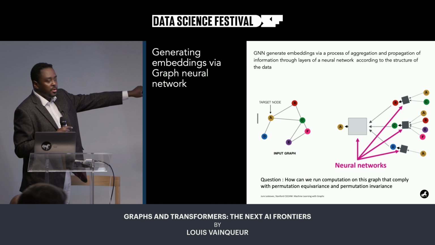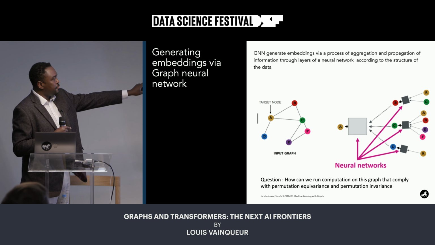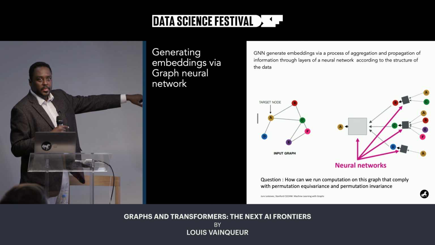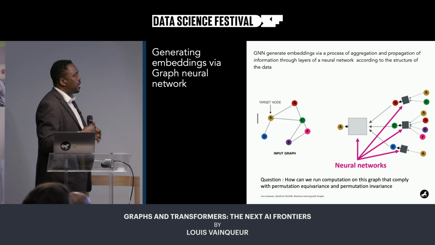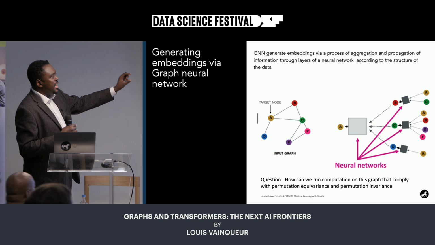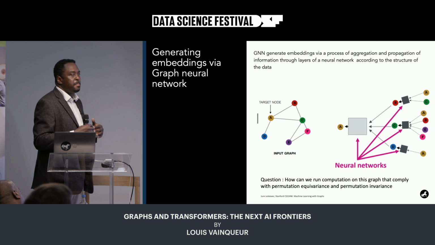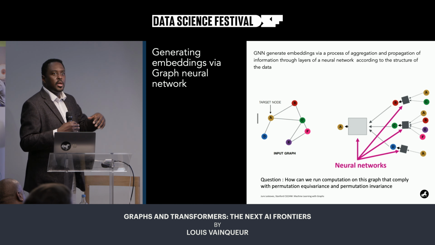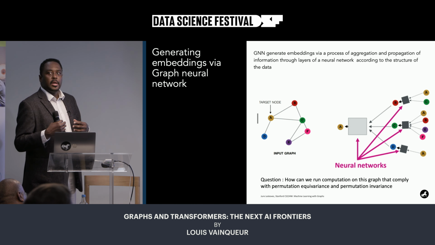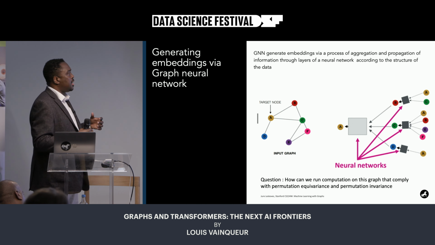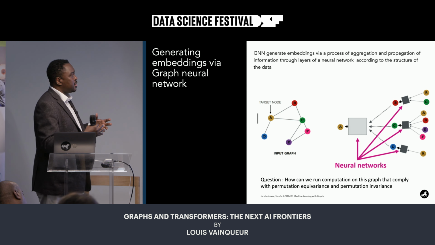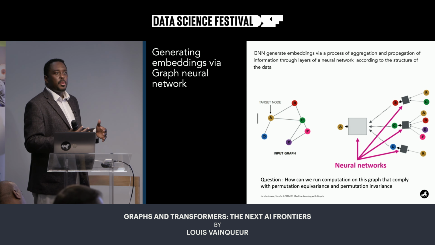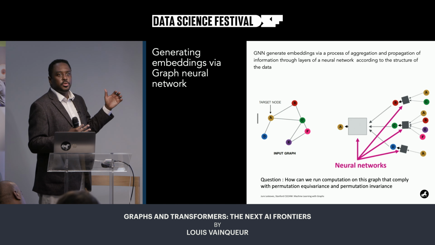And so on the graph neural network you're creating, you see at the first level you have B, C, and D. But B is also connected to A and C. And so what the model will do is, for each of those nodes, it will find a method of aggregation of the information coming from their neighbors, and then propagate that information until the information reaches A. The neural network itself will have some projections that you will learn, but those projections, or those weights inside the neural network, will be shared by all the nodes.